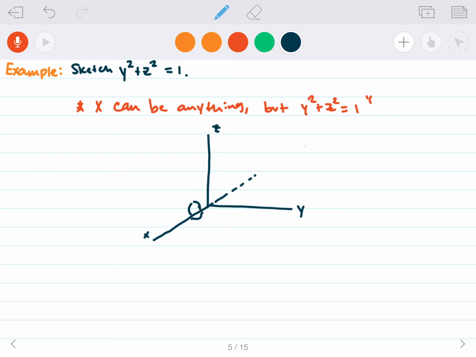This circle right here is going to have a radius of 1, once again. And basically we're just projecting this thing. Let me see if I can draw this a little bit better. Okay. And we're projecting this thing along the x-axis.